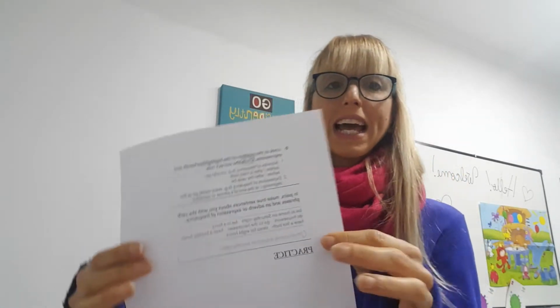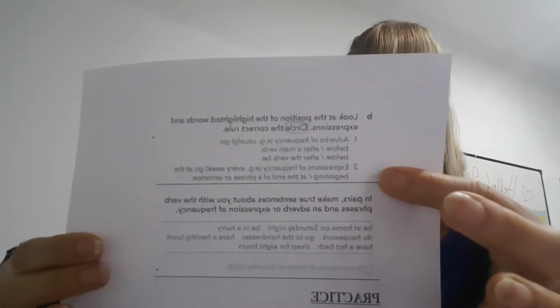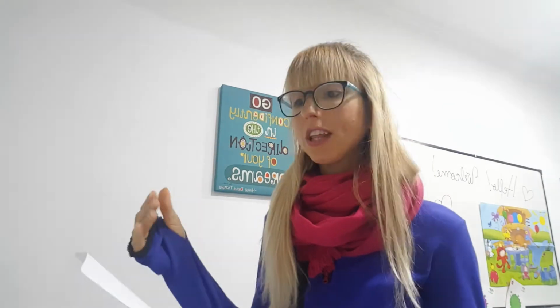¿Qué quiero mostrar con estas oraciones? Bueno, what we have in the next page. Yes? Que tenemos las reglas. Number 1 says, adverbs of frequency, for example, usually, o sea, los adverbs of frequency son los que vimos el otro día. Always, sometimes, usually, never, often.